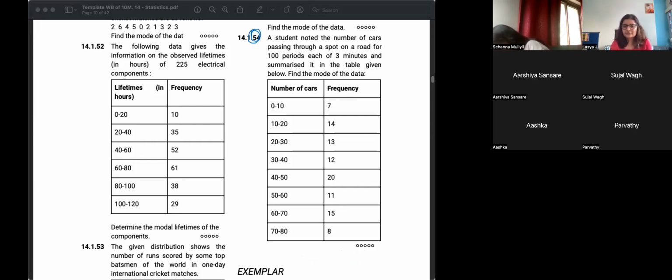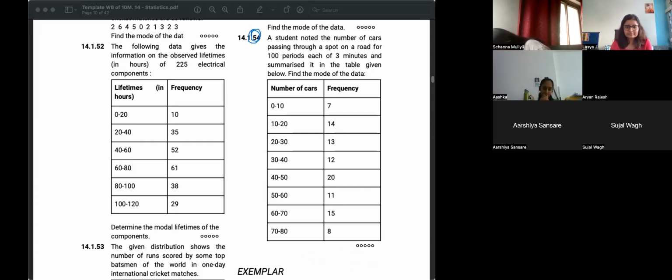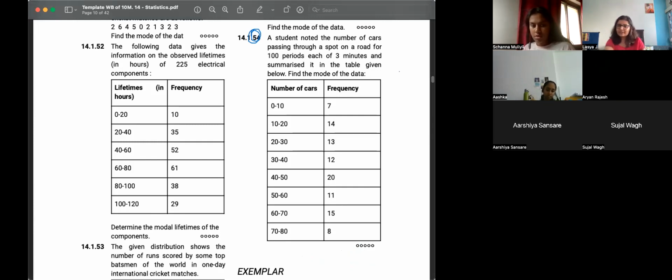Also keep your videos on, guys. Another thing, Shana, X bar is only for mean. So median, mode ke liye there's no specific symbol. Just write mode equal to, median equal to. Okay.